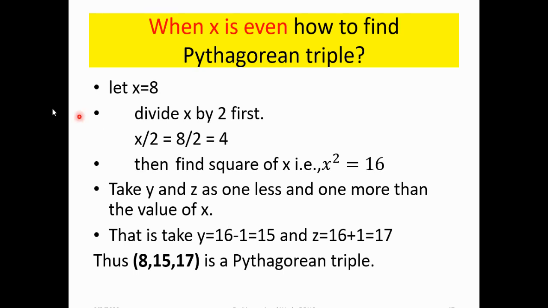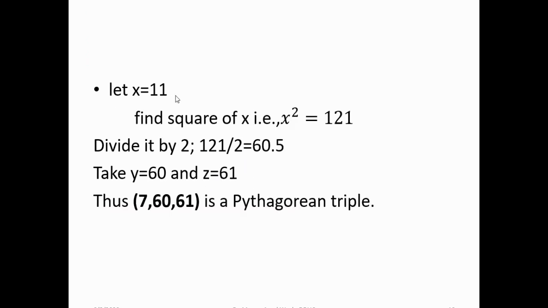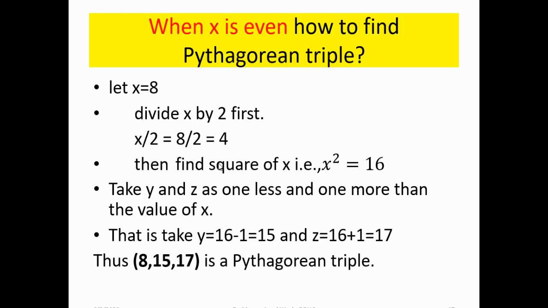So let's see. If I take x equal to 8, then first divide x by 2. Then 8 by 2 will be 4. Then find its square. In the earlier case we first found the square and then divided by 2, but here, when x is even, first we divide x by 2 and then find the square.